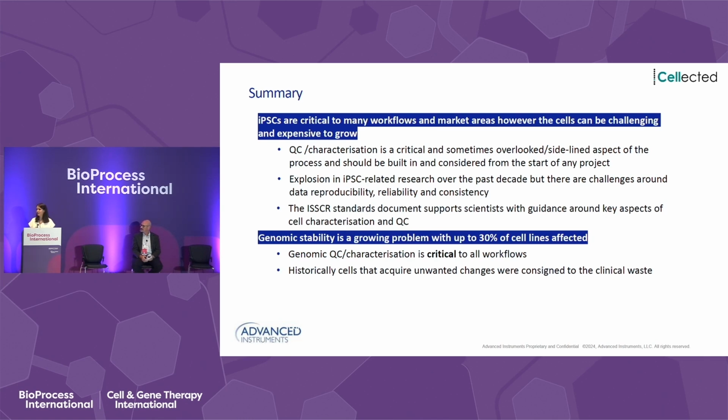The issue with genomic stability is well known, and people are now starting to release documents to support scientists in relation to that. And the final point I want to make is that it's known that genomic stability is a growing problem, and we know that up to 30% of our current iPSC cell lines could have a mutation, and therefore QC and characterization is key at this point.